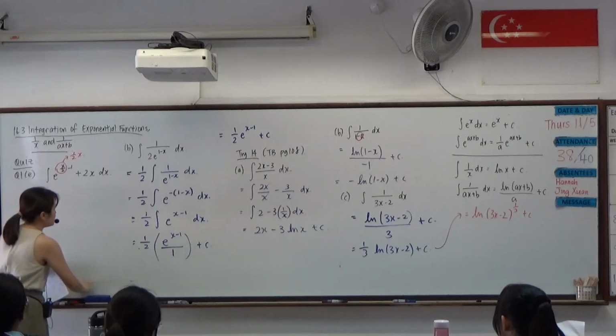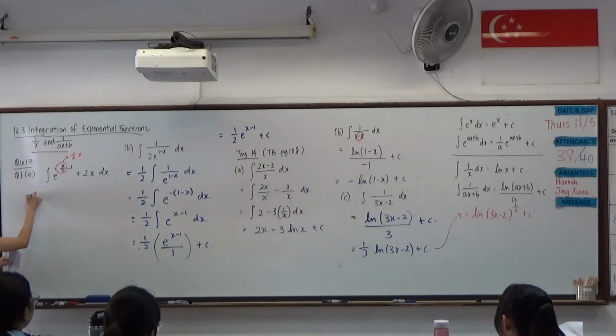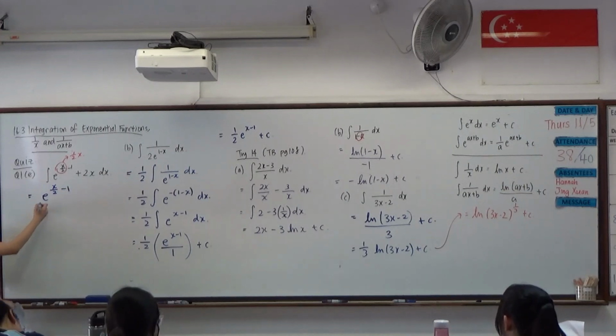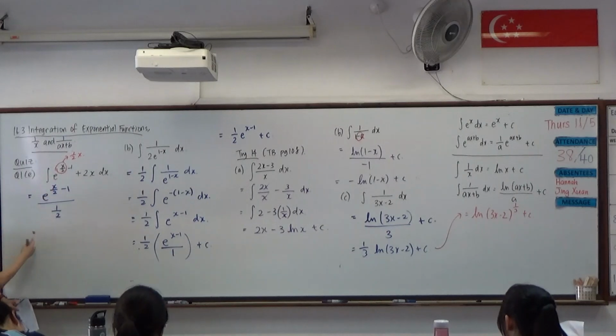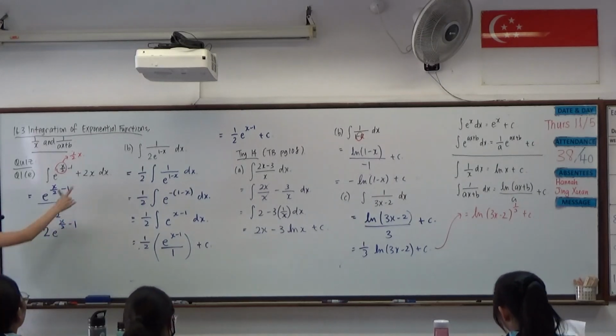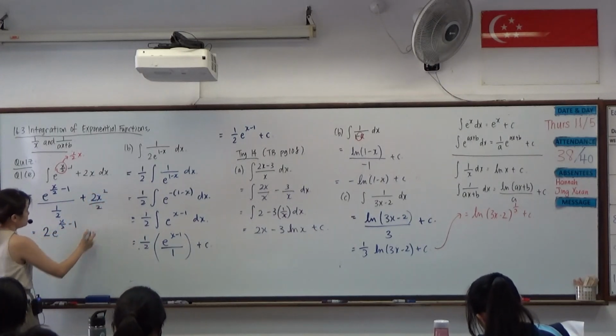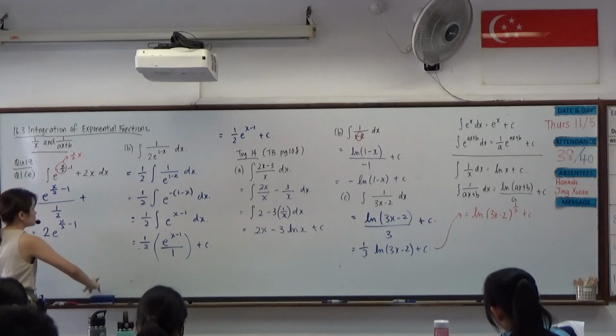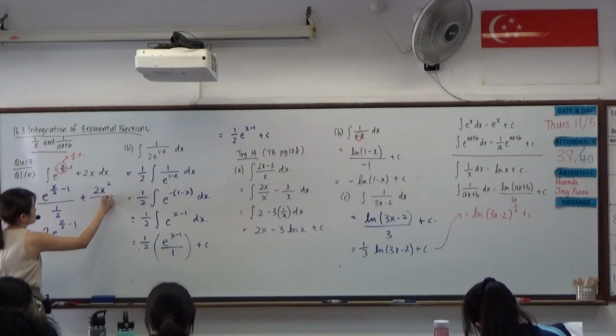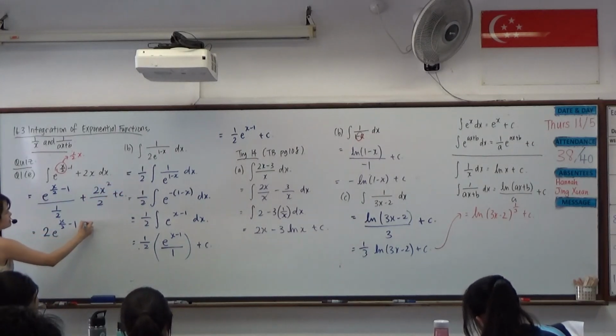Integrating our exponential in this case, we get back e to the power x over 2 minus 1, and then we divide by half. Dividing by half is the same as multiplying by 2. So our answer should be 2e to the power x over 2 minus 1. Then to follow with the plus 2x, that will be plus 2x squared over 2, and then plus c.